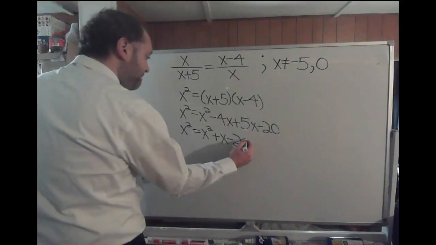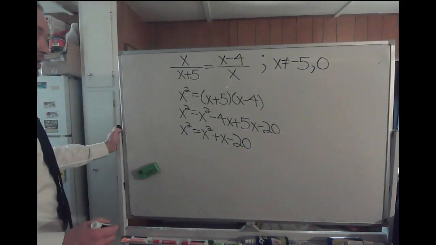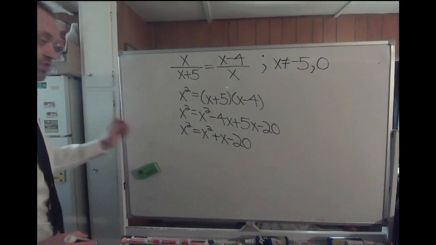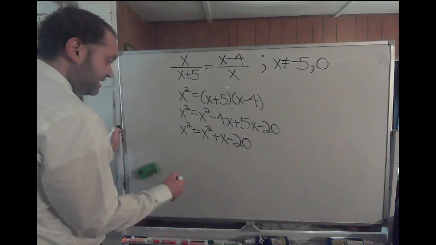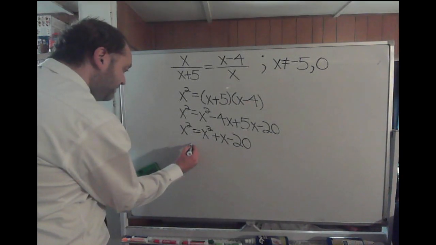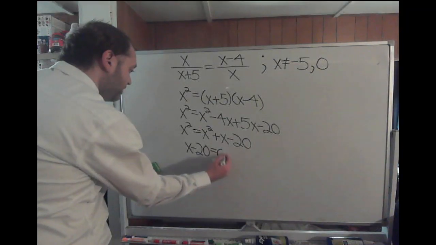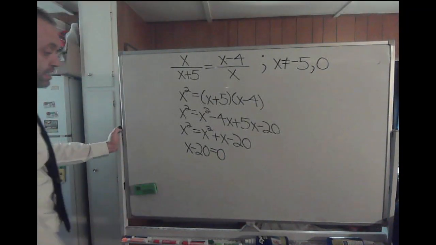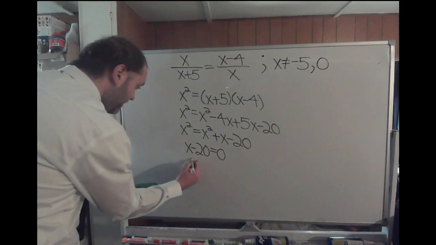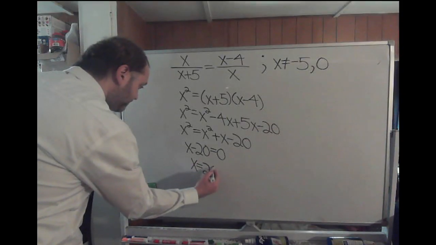minus 20. Well, right away we notice we can subtract an x squared from both sides to get rid of that. What you'll end up having then is x minus 20 is equal to 0. And then we just solve for that, you'll get x equals 20.